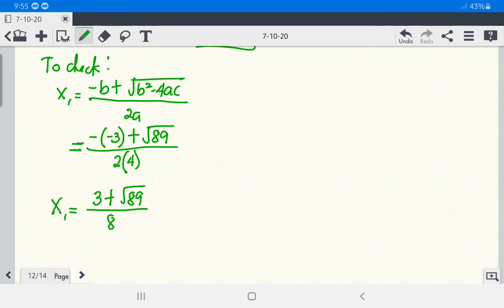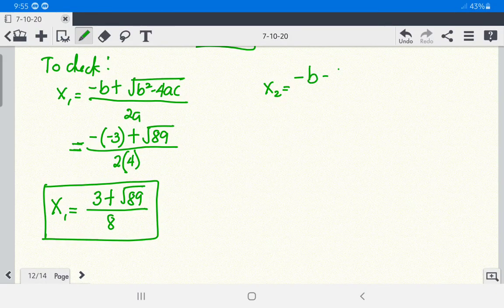We cannot simplify this radical because this is not a perfect square, or 89 doesn't have any factors wherein one of its factors is a perfect square. Okay? Next, for the second solution, we have negative b minus square root of b squared minus 4ac over 2a.